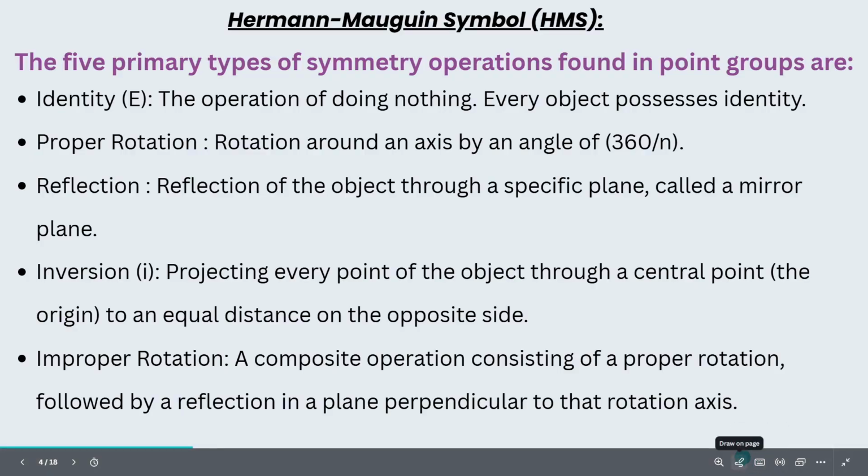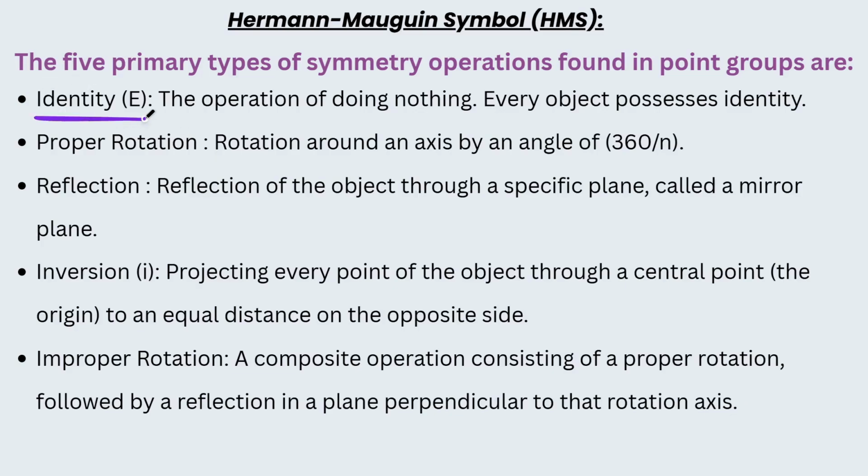Basically there are 5 different ones. One is identity, which means the object is unchanged, and then the proper rotation axis: how many folds of symmetry we get during a 360-degree rotation. Then the reflections: we will understand how the mirror planes are present, how many mirror planes are present, and what the relationship of these mirror planes is to the rotation axis. That's what we are going to discuss more with examples in this HMS.